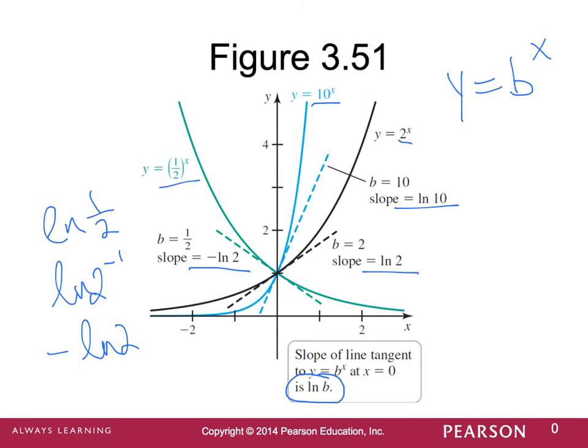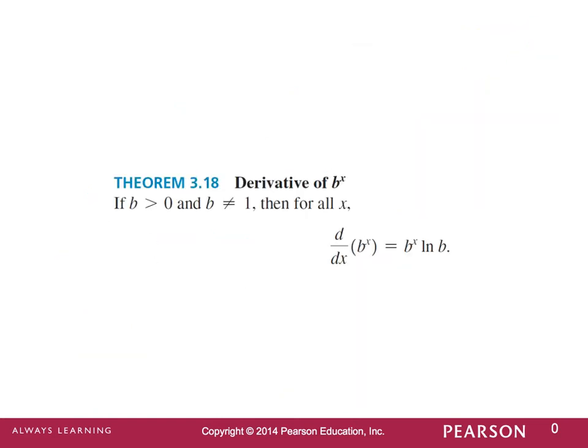And so this isn't a coincidence. It's the same for all functions in the form of y equals b to the x. The slope at x equals 0 is the natural log of b. So this brings us to another theorem: if we have b greater than 0 and b is not equal to 1, because if b is equal to 1, then this is a pretty boring function, then for all x values, the derivative with respect to x of b to the x is equal to b to the x times the natural log of b.